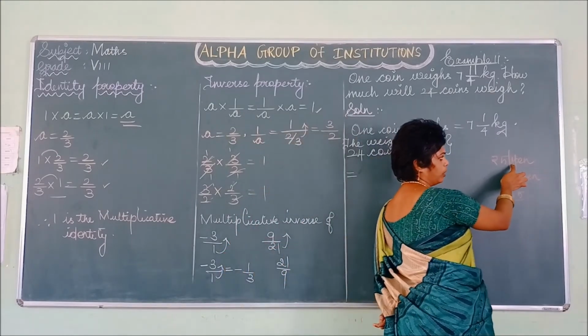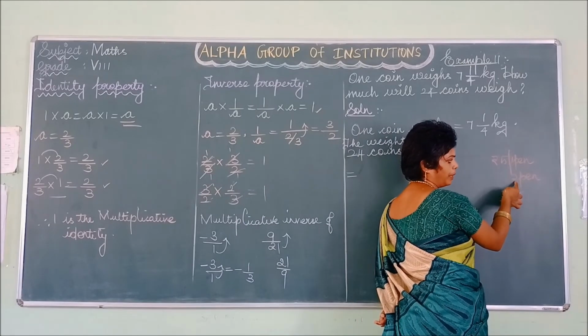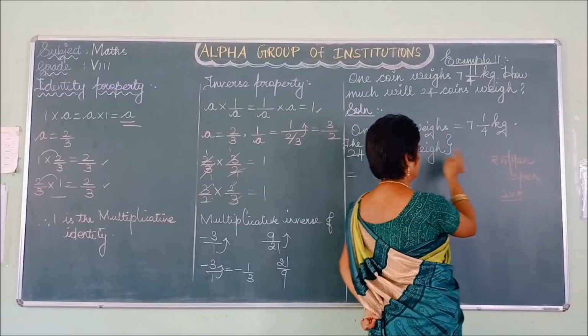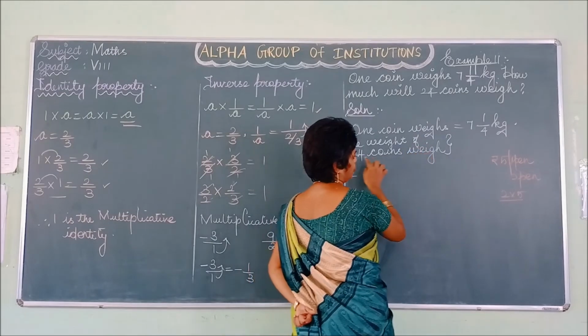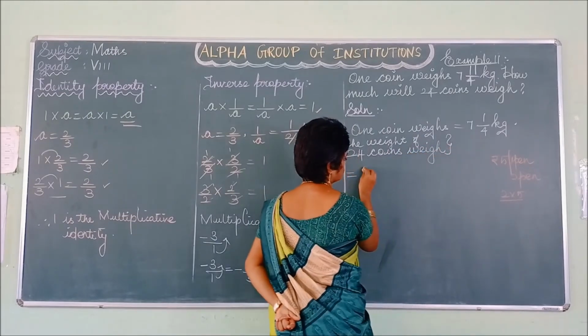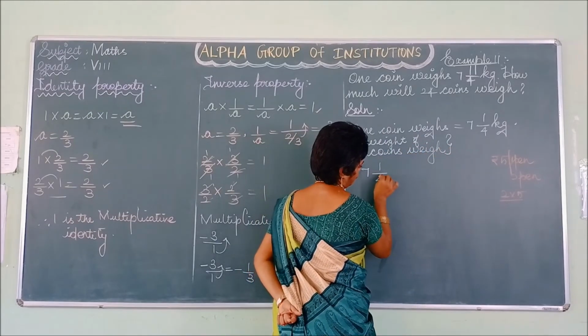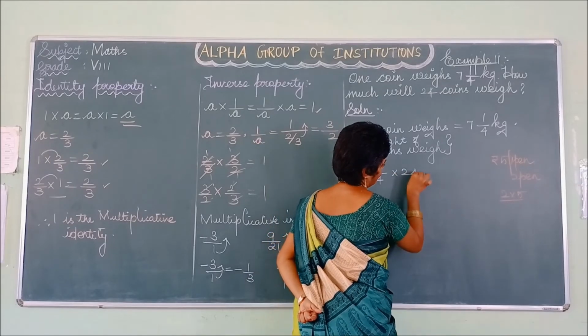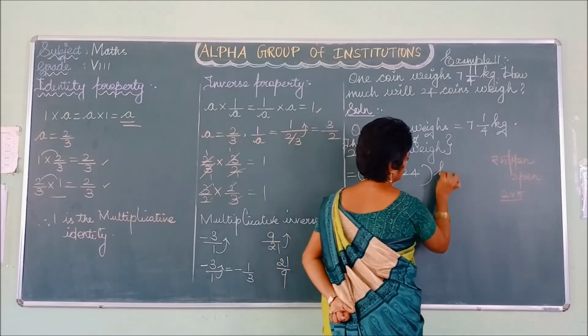Here I said 1 pen costs 5 rupees, so 2 pens means 2 into that 5. In a similar way, 24 into this value. So 7 1/4 into 24. Outside you can put the unit.